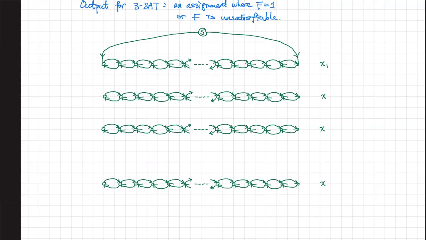Then each row will represent x1, x2, x3 up to xn.